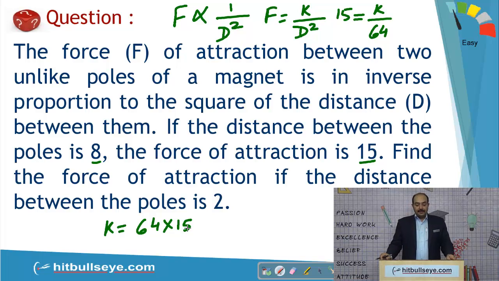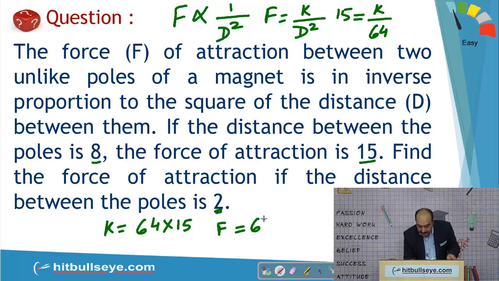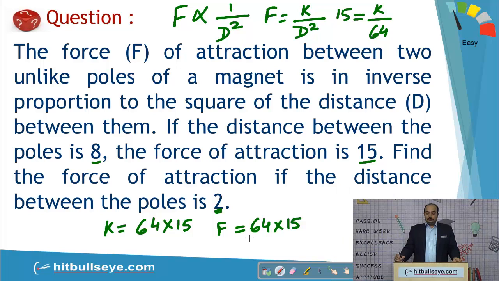Moving ahead for the second case. Find the force of attraction if the distance between the poles is 2. Now we need to find F, which is equal to K. K is 64 into 15 by the distance between the poles, which is 2.